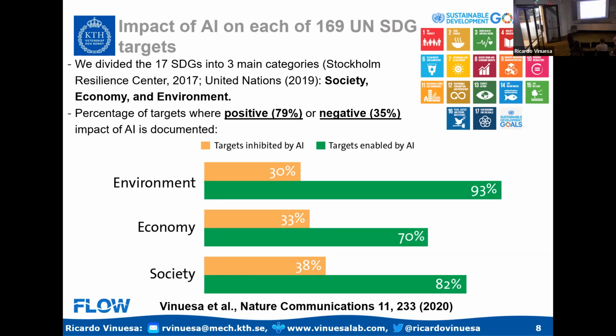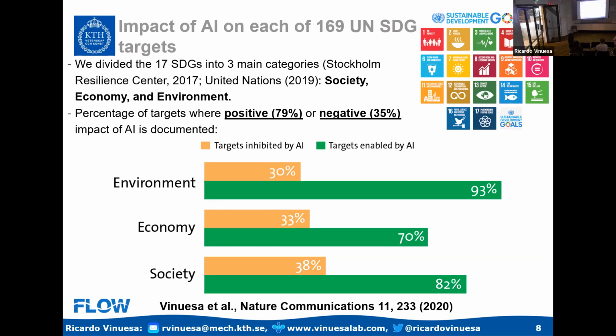But we went into the detail of 169 targets. The targets are sub-goals within these big sustainability areas of the United Nations. Let's remember that this is the 2030 Sustainability Agenda of the UN. This is a study that we published in Nature Communications 3 years ago. And we found that 79% of the targets of the UN can be positively affected by AI, whereas 35% of the targets can be inhibited by the development of AI.